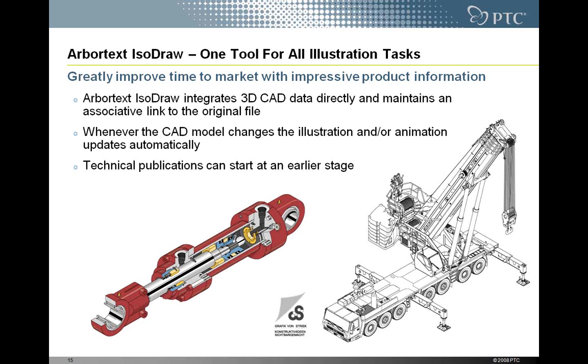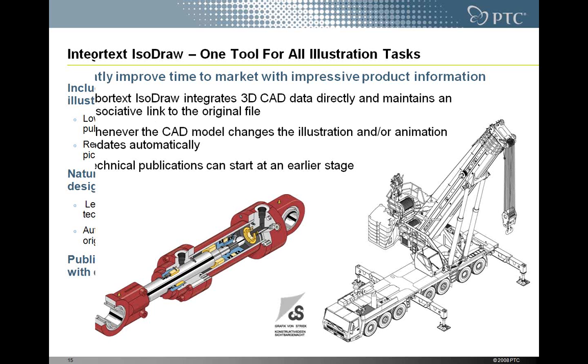Very little work effort on your part to do those things. And when it comes time to publish out to the field, your illustrations are actually going to represent what was manufactured and put on the truck to be sent out to the customers.